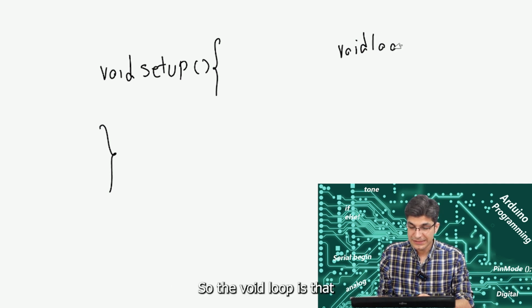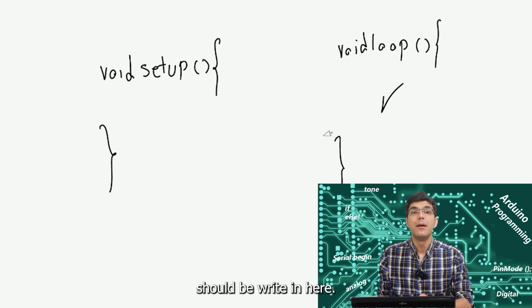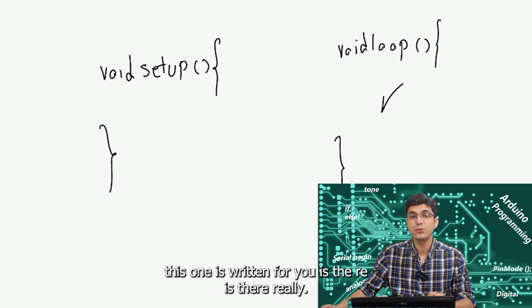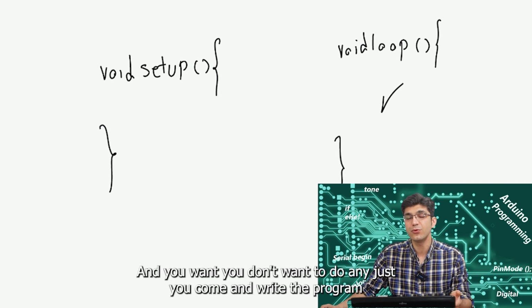So the void loop is the main program that should be written here. But in the Arduino IDE, as you can see, this is written for you. It is ready, and you don't need to do anything. You just come and write the program.